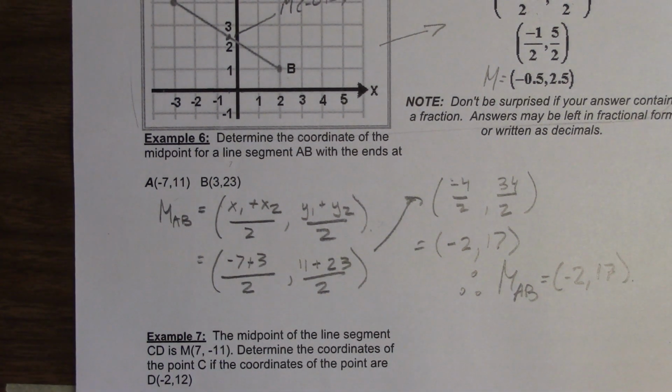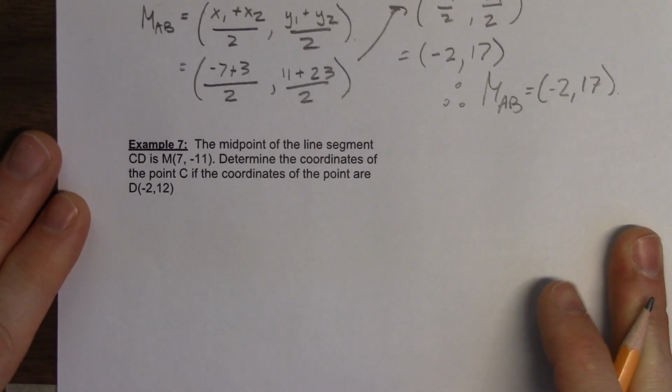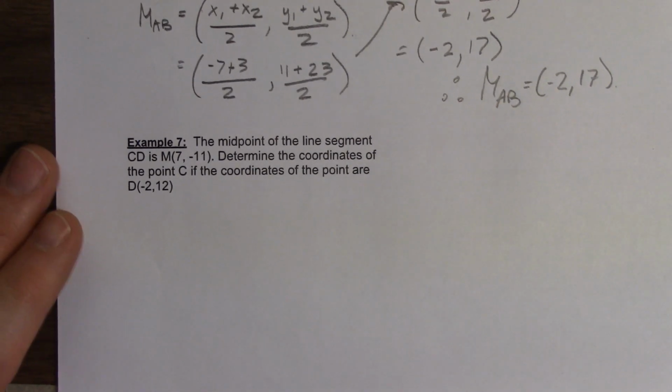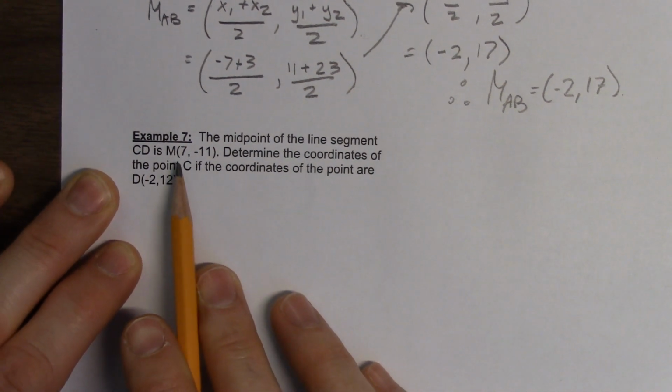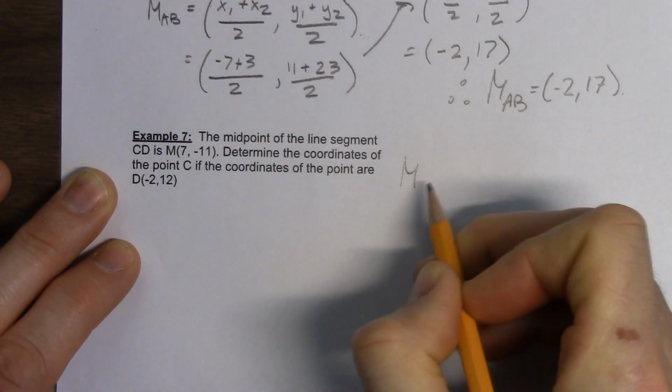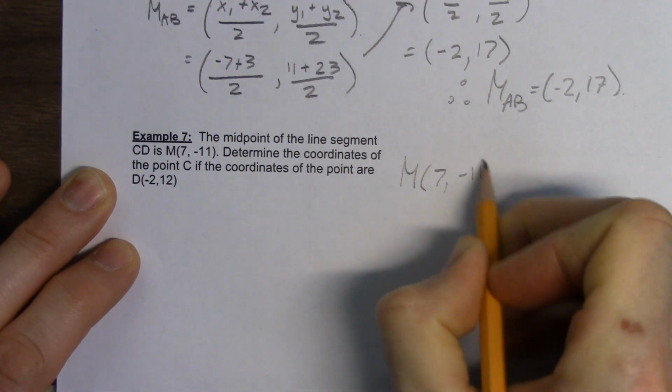Any questions? No questions? All right, last example. Here we go. We're actually going to finish with some time to do work. Example 7. The midpoint of the line segment CD is, oh, this one's giving us the midpoint. Well, it's going to be tricky. So we have the midpoint.